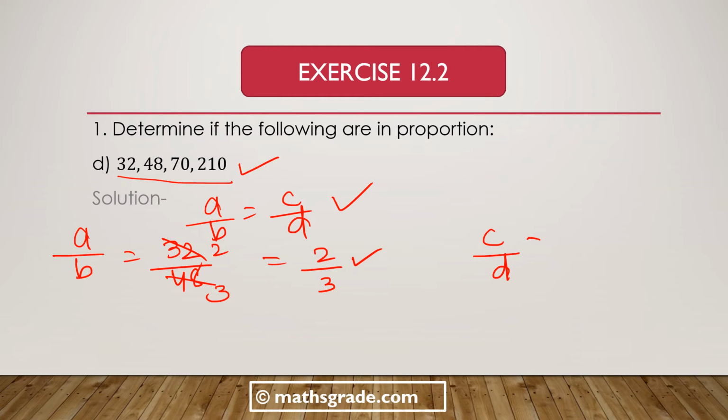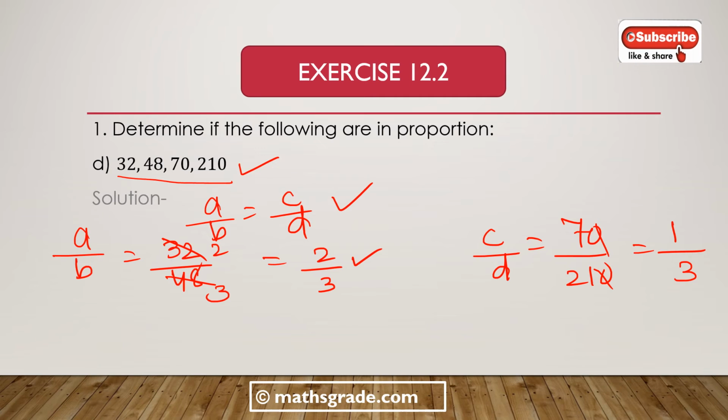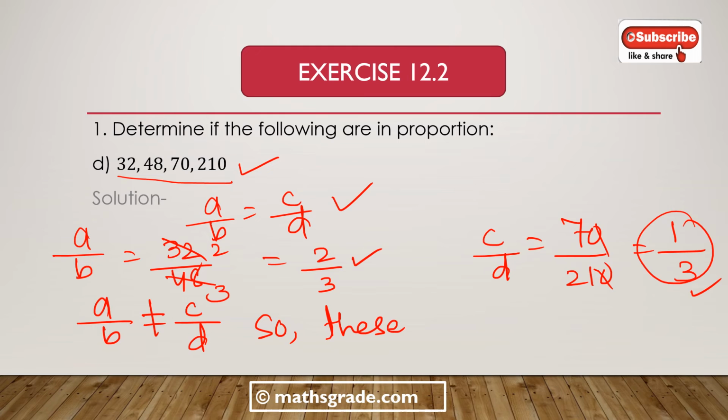And C divided by D will be 70 divided by 210. 7 1s are 7, 7 3s are 21. 1 divided by 3. 2 divided by 3 is not equal to 1 divided by 3. So A divided by B is not equal to C divided by D. So 32, 48, 70 and 210 are not in proportion.